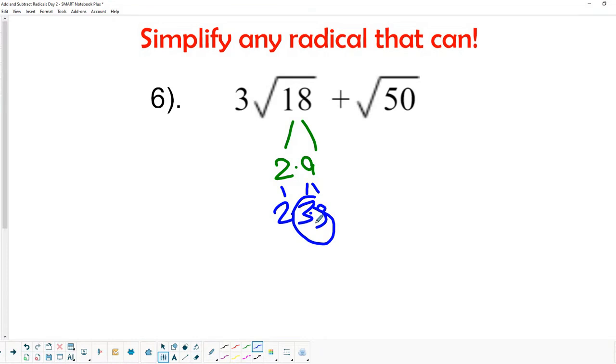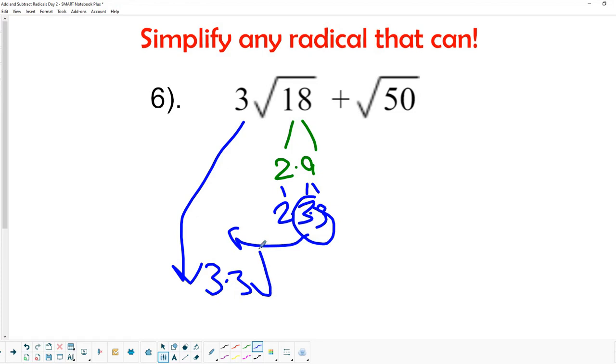So one of these 3s is going to come out of the radical, and we'll end up with this 3 coming down, and we'll have 3 times 3 square root of that 2 that's left over. And 3 times 3 is 9, right? Square root of 2. All right, so we're off to a good start.